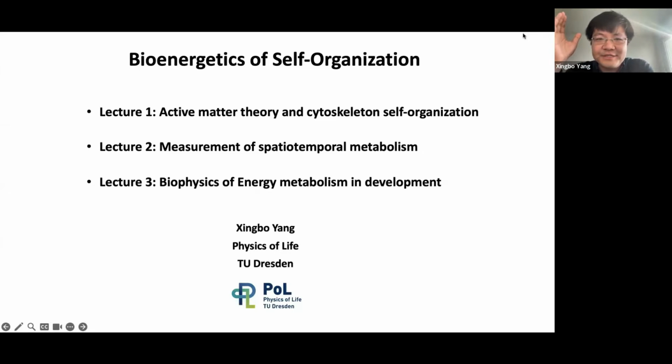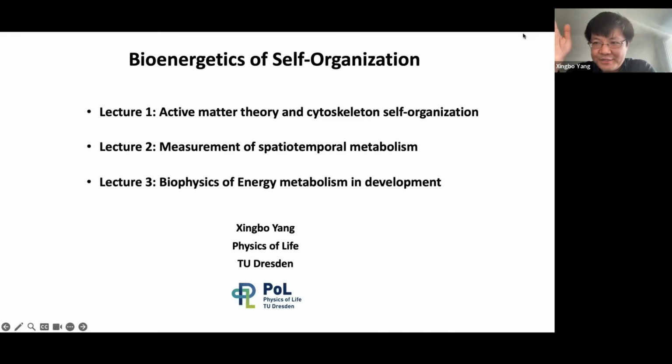That is self-organization, right? So I think there is a lot of tremendous work done in either part, but I think that very new things are happening now at the interface. So that's what I actually want to introduce to you guys, focusing more on the cytoskeleton, on the molecular and the cellular level.